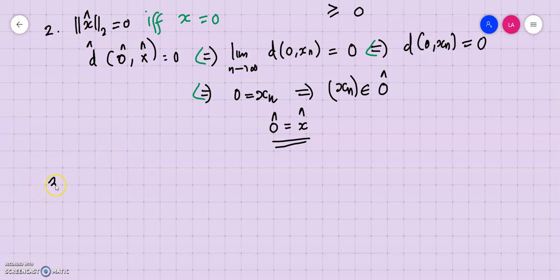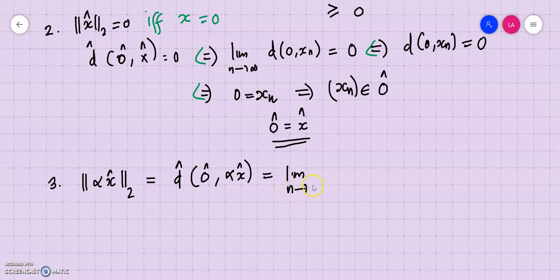Moving on to the third property of the normed space, that is norm of alpha x cap 2. So norm of alpha x cap 2 should be equal to d cap of 0 cap, alpha x cap, which by definition is limit n tends to infinity d of 0, alpha xn, where alpha xn is the sequence corresponding to alpha x cap.